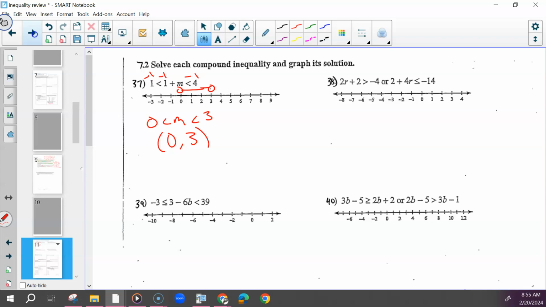Page 7. More of your absolute value inequalities. Questions on that page?